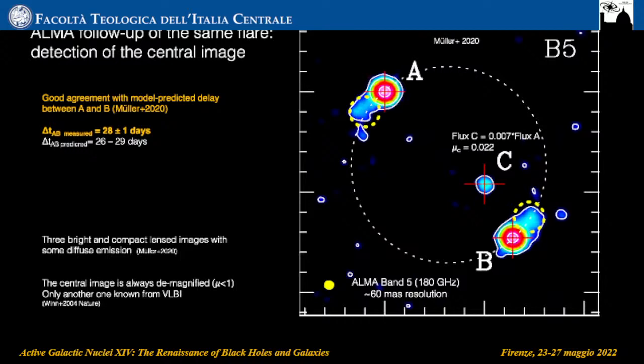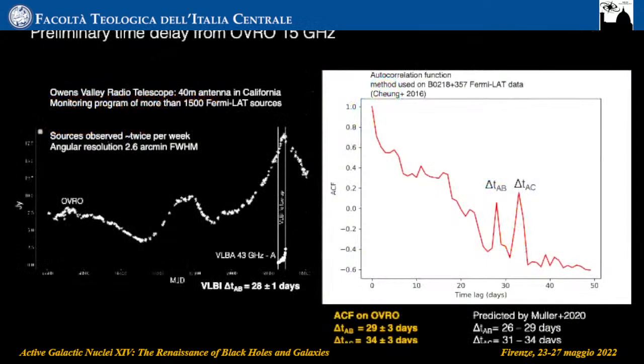All lensing systems should actually show an odd number of images, but the central image is the most difficult and challenging to detect because it's the most demagnified. This flare enhanced the emission from all 3 images, and this gave the opportunity to revise the lens mass model and give new predictions. Our value is in very good agreement with their prediction.